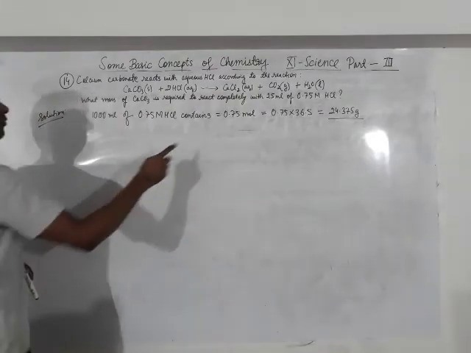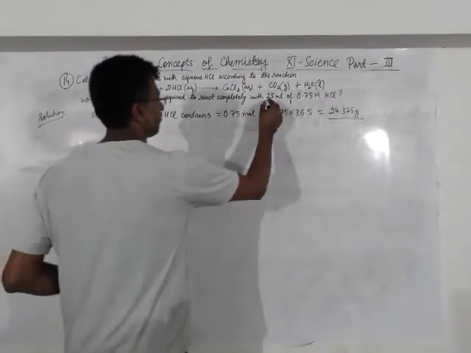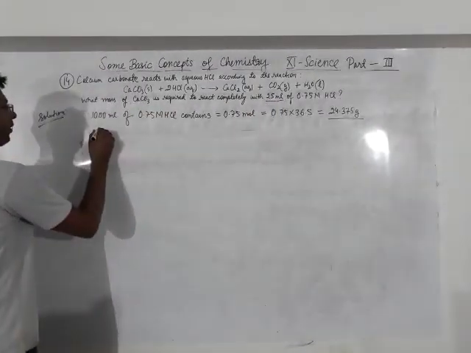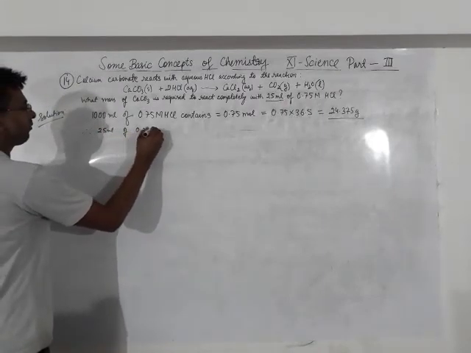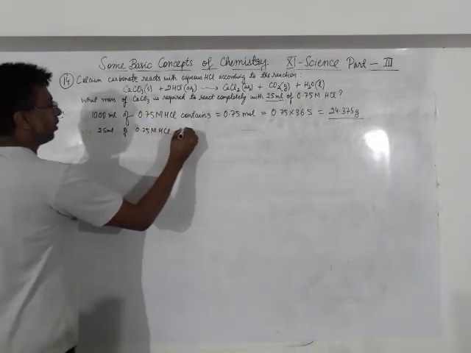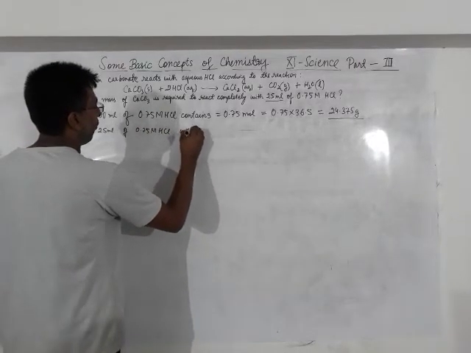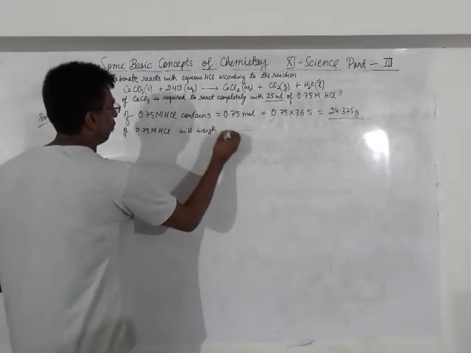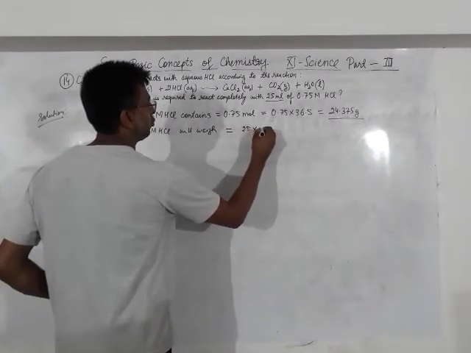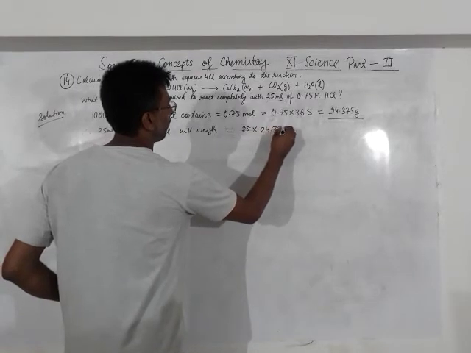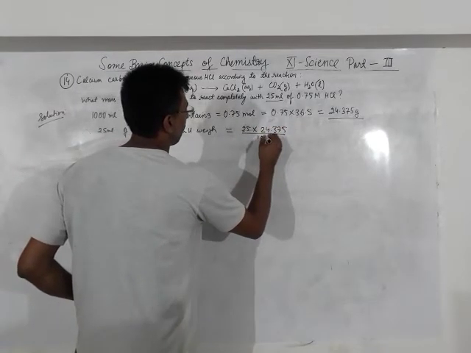But in the question over here, it is mentioned how much? 25 ml. Therefore, 25 ml of 0.75 M HCl will weigh how much? It will weigh 25 into 24.375 divided by 1000.